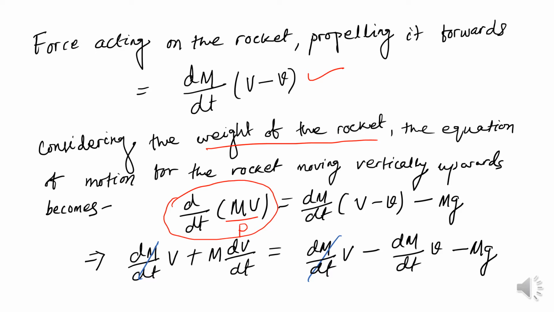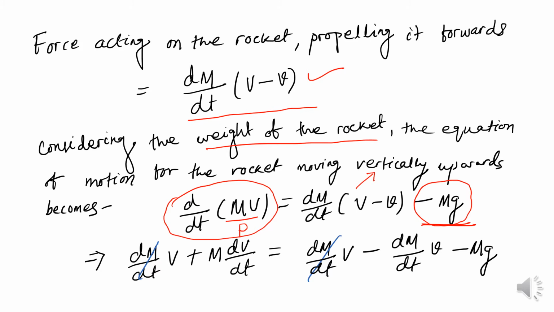So d/dt of MV equals dm/dt (V minus v), the force acting on the rocket, and then minus Mg. The force is going upward and the weight is acting downward.